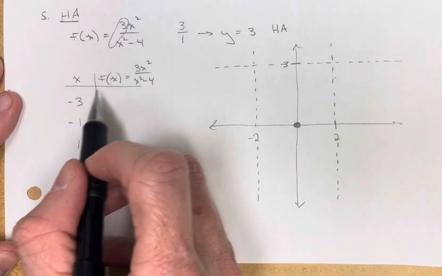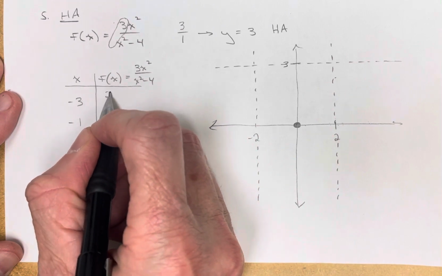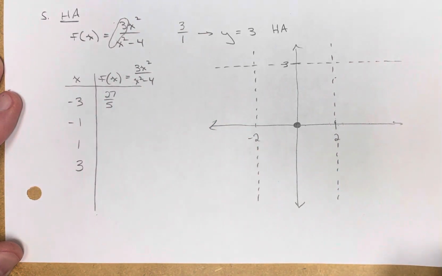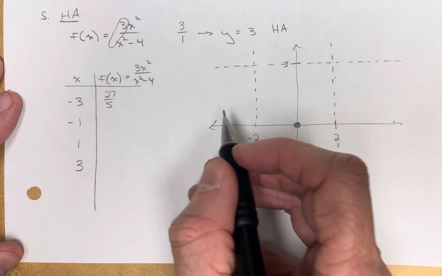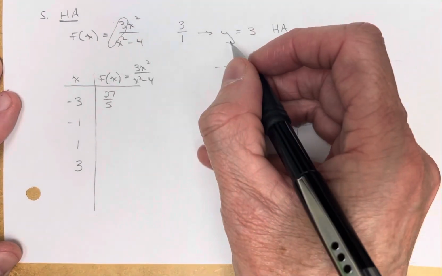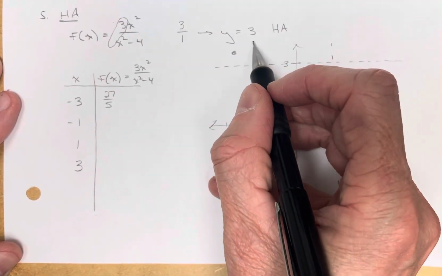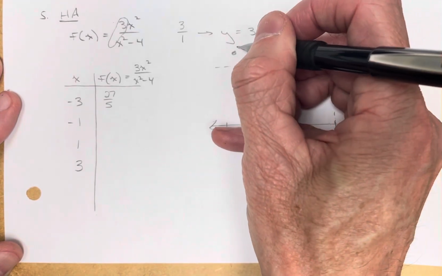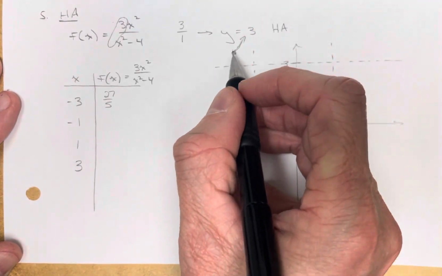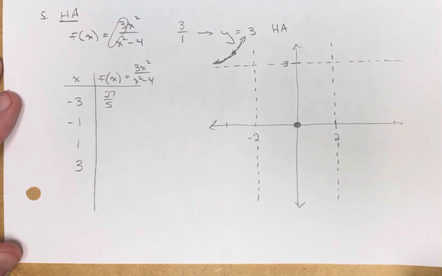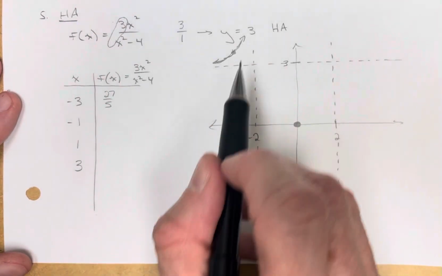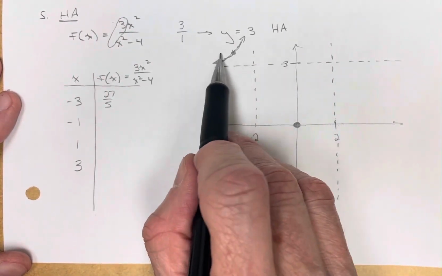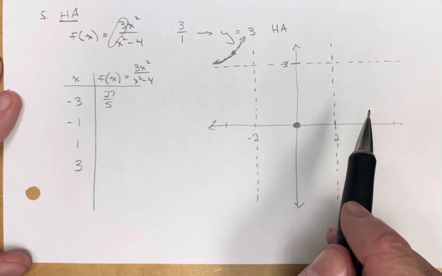If I put -3 into the function, out comes 27/5, which is 5 and something. That's up here someplace. Since this is a vertical asymptote and that's a vertical asymptote, and that's a horizontal asymptote, I'm going to guess it does like that. It's bounded below and bounded to the right.